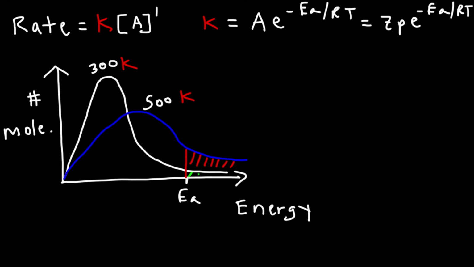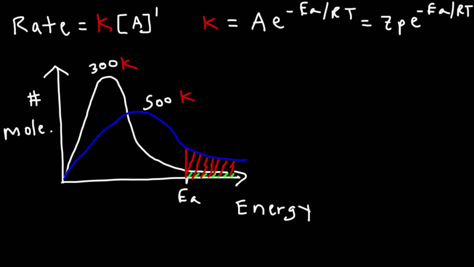And let's put that in green. So in green, that represents the fraction of molecules at 300 Kelvin having enough energy to make the reaction go. But in red, which encompasses the area in green as well, that represents the fraction of molecules having enough energy to overcome the energy barrier at 500 Kelvin.